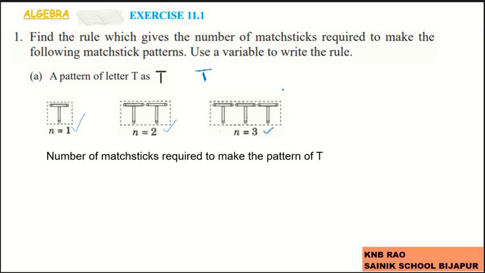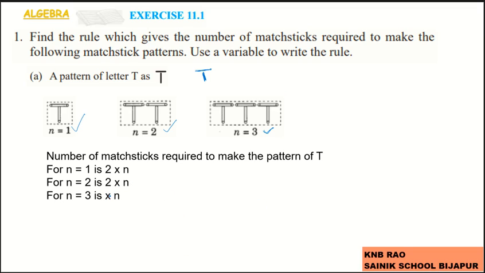to make the pattern of T's will be, for n equals to 1, it is 2 times 1, that is 2n I can say. For n equals to 2, it is 2 times n, that is again 2n. For n equals to 3, it is again 2n.